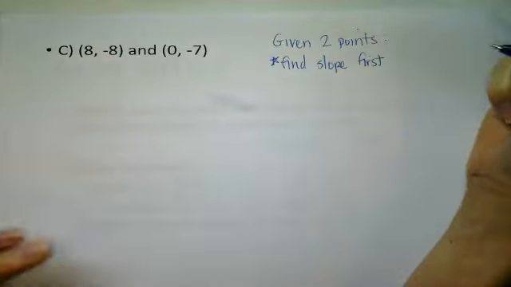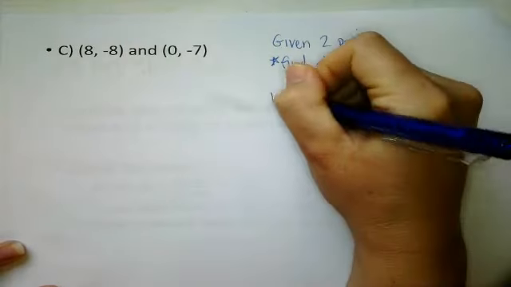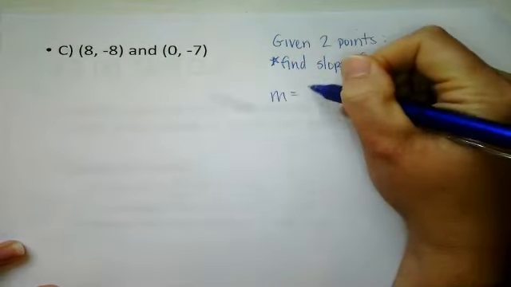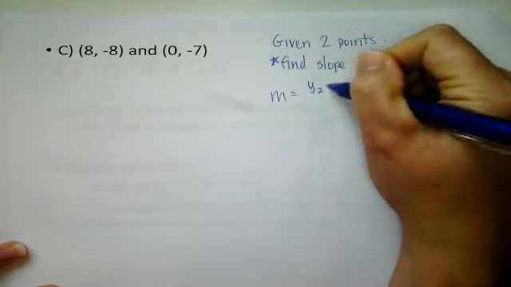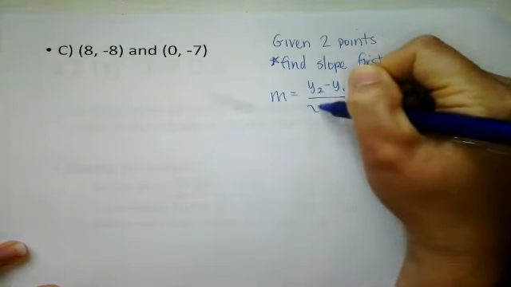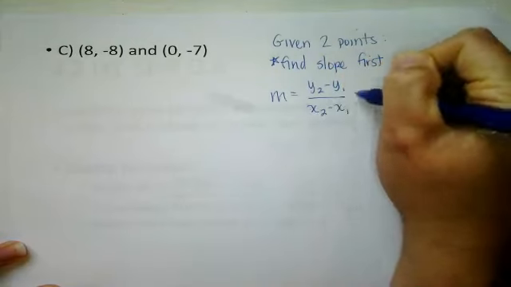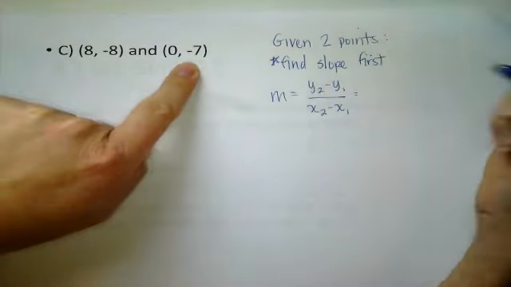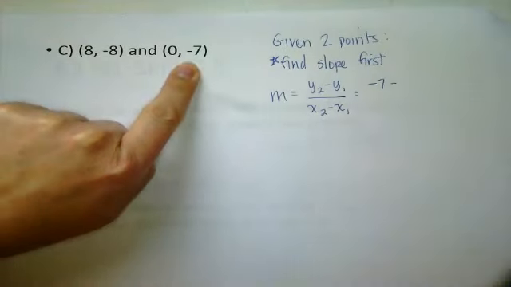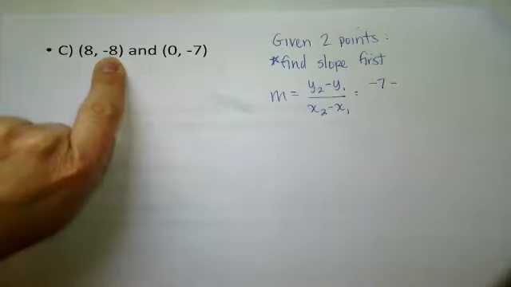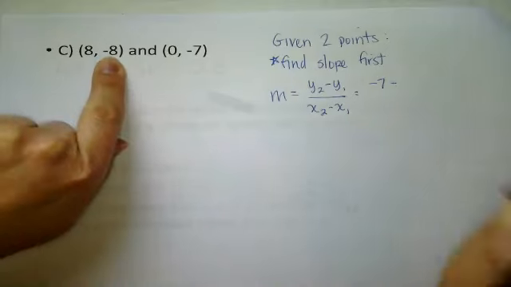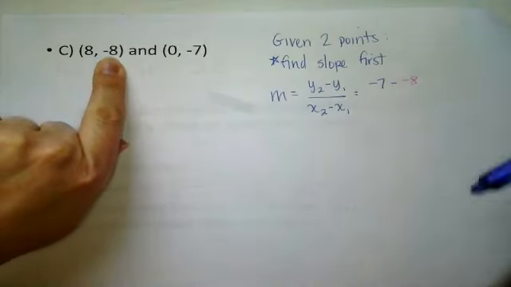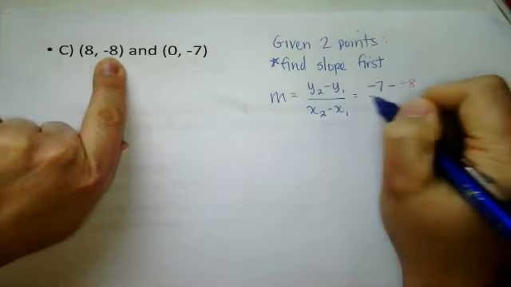And so we can take these points and actually calculate the slope. The formula for finding slope is y2 minus y1 over x2 minus x1. And so that's going to be y2 is negative 7 minus y1, which is right here, and that is minus a negative 8. Be careful with those negatives.